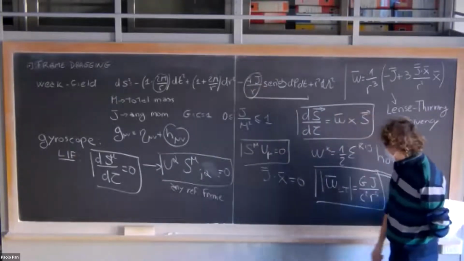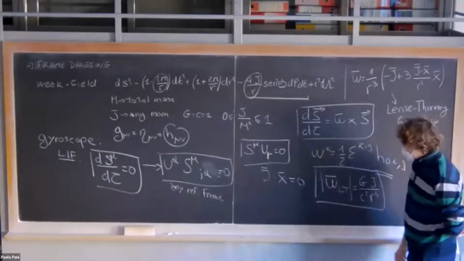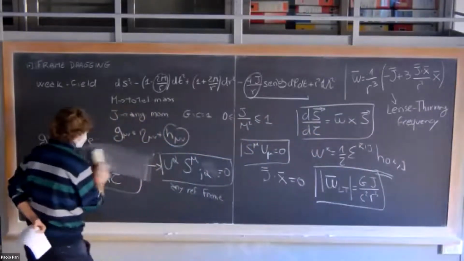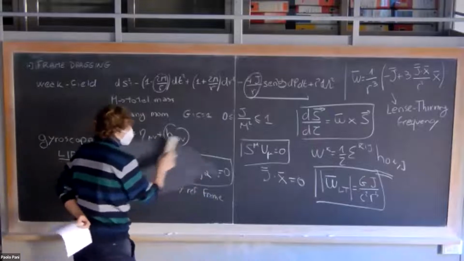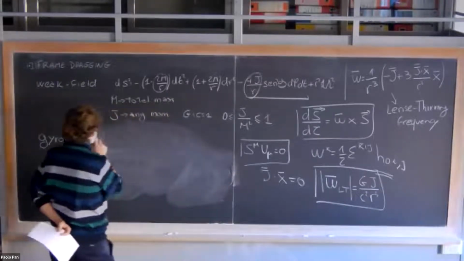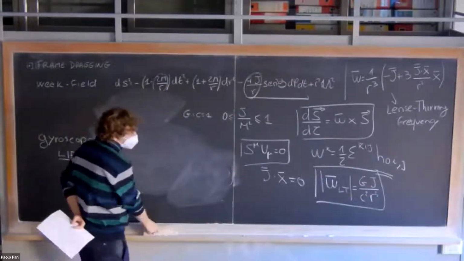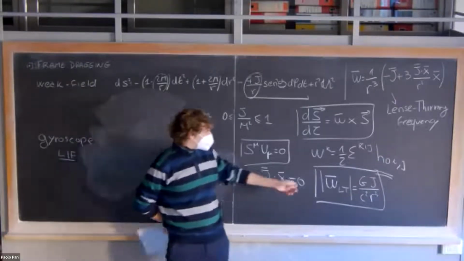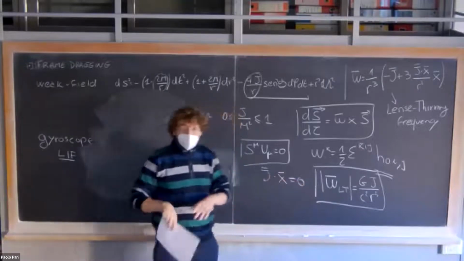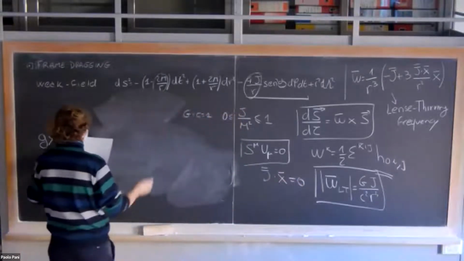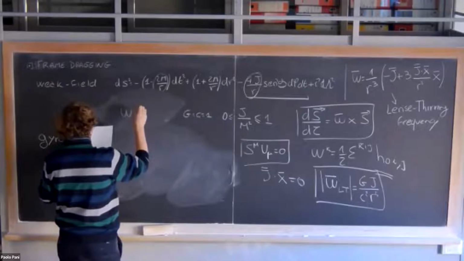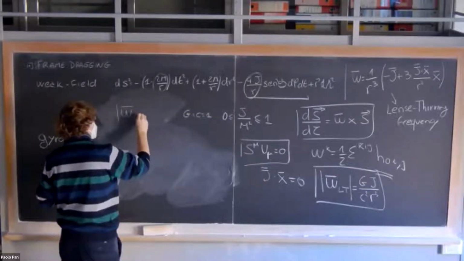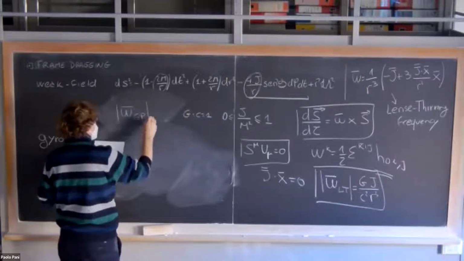It's called de Sitter precession, and it's another term due to the fact that a spinning particle in a curved space-time, if it doesn't move, so if it is at rest with respect to this reference frame, this will be the only effect. But if it moves, there is another correction that is called de Sitter, or also sometimes geodesic precession.